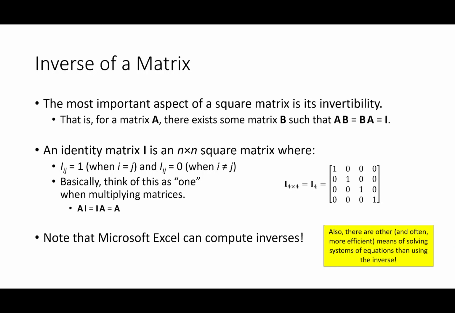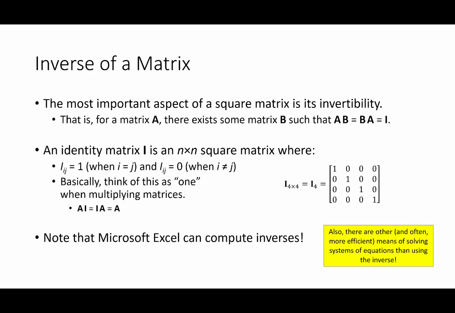I drew a 4x4 identity matrix, but an identity matrix could be 57 by 57, it could be 3 by 3, it could be 1 by 1. And an identity matrix is one where you have ones along what I'll call the main diagonal and zeros everywhere else. And you can think of the identity matrix as 1 when it comes to multiplication. So for example, what is 6 times 1? 6, right?